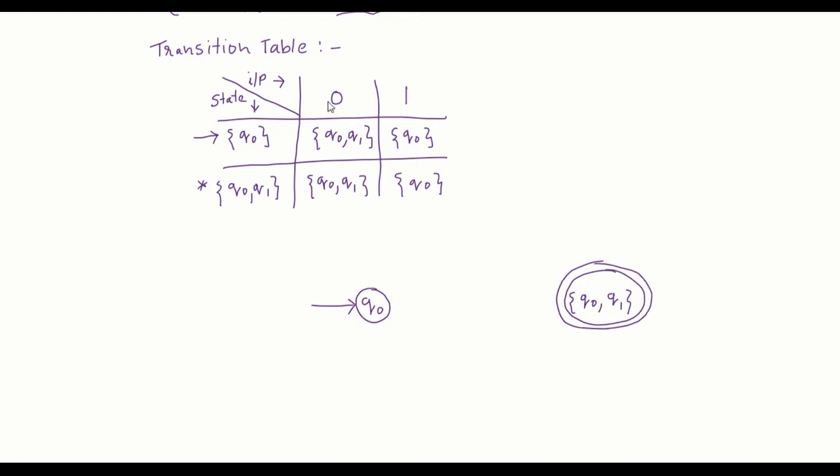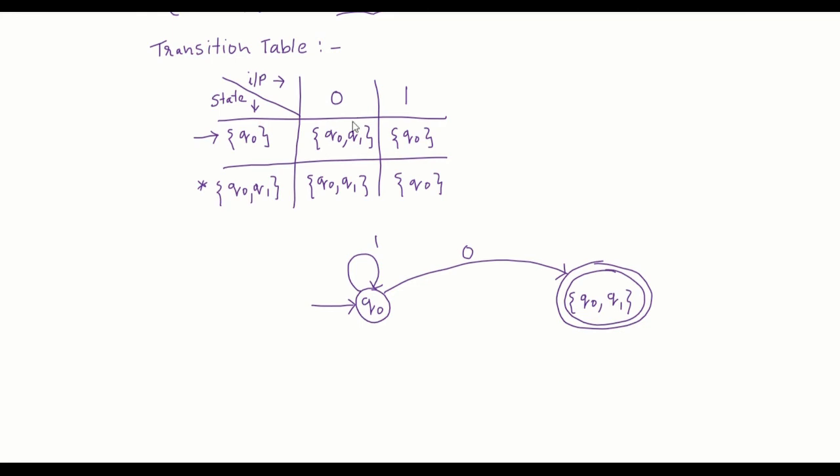Now Q0 on 0 goes to Q0 Q1, so from Q0 on 0, I will draw a transition to Q0 Q1. Q0 on 1 goes to Q0 itself, so I will draw a self loop saying that Q0 on reading 1 goes to itself.